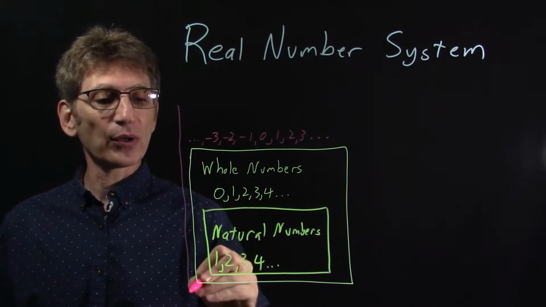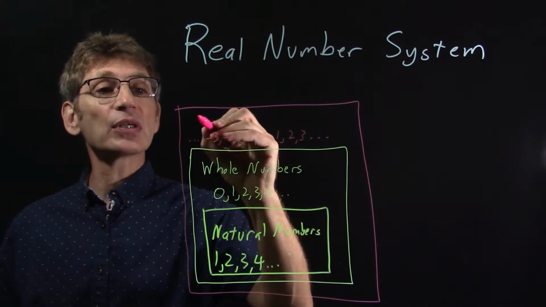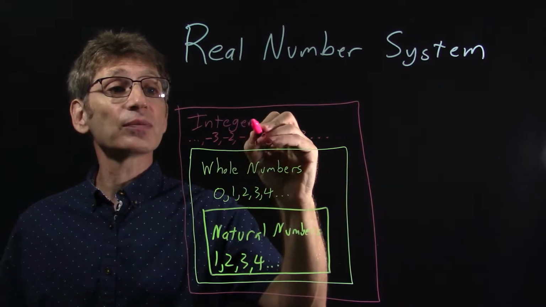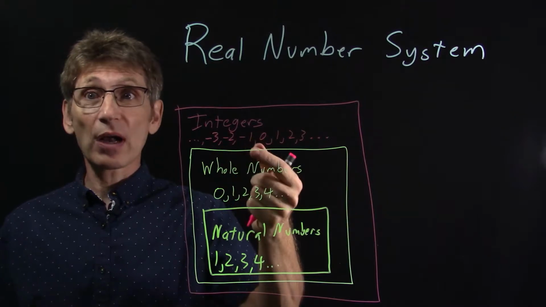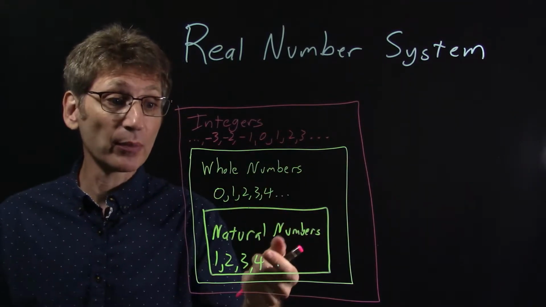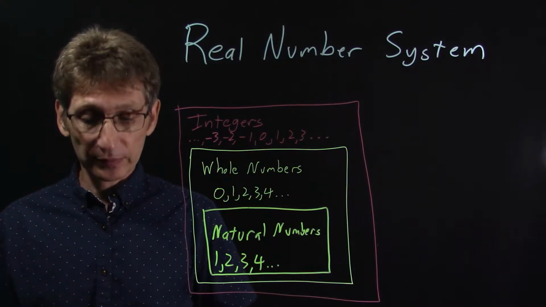This set of numbers, which contains the whole numbers and their opposites, is called the set of integers. The set of integers also contains whole numbers, and whole numbers also contain natural numbers. So if a number is a natural number, it's also a whole number and it's also an integer.